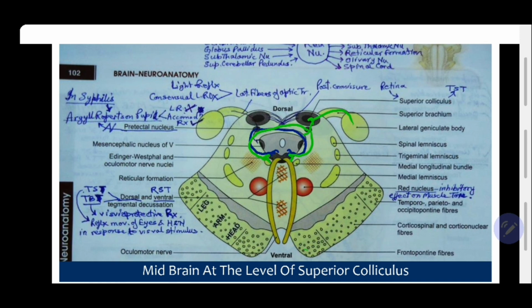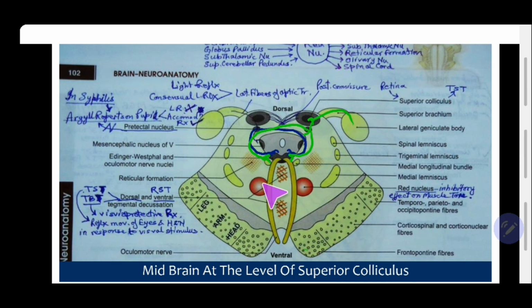The purpose of this tract is the visuoprotective reflex. I taught you in detail while teaching about the oculomotor, trochlear and abducent nerves. If you still have not understood it, go and revise from those lectures. Then the efferent fibers emerging from the red nucleus also decussate at the same level and reach the opposite side, and they descend to the lower segments as the rubrospinal tract.